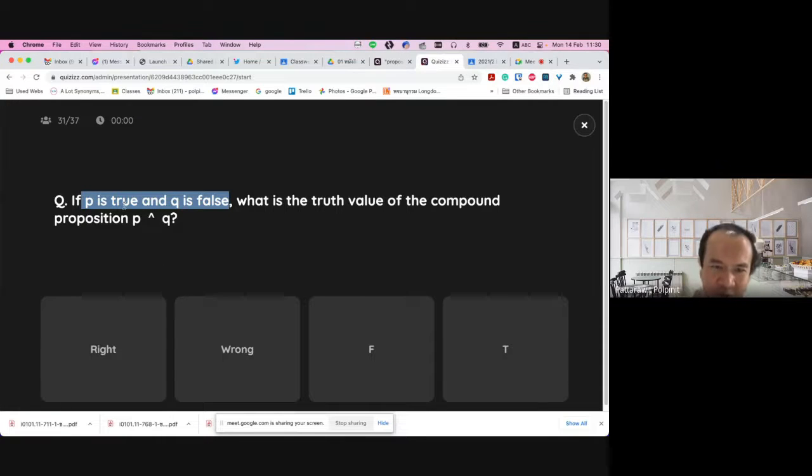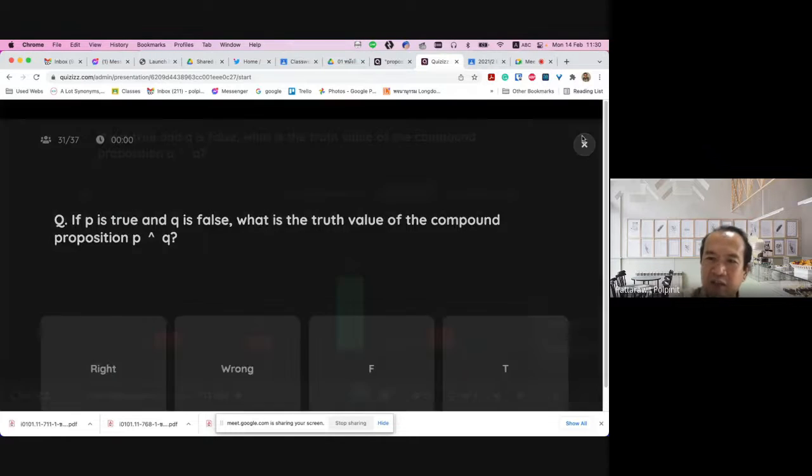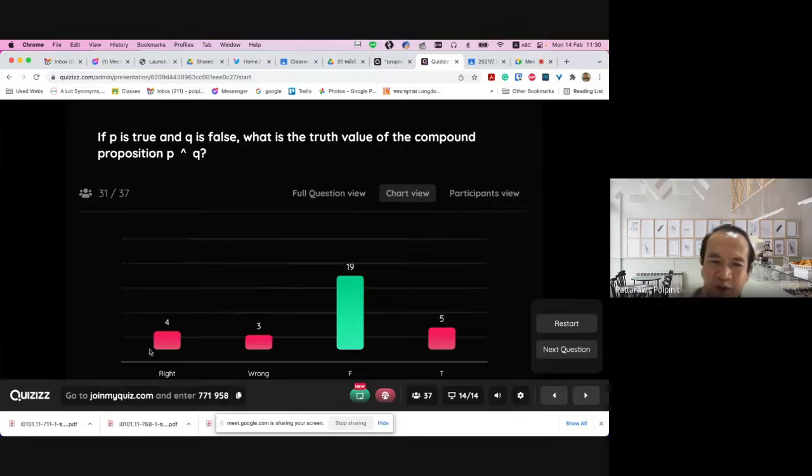So if P is true, Q is false, then P and Q is false, right? So right is not correct, wrong is not correct, true is not correct, so it's false, right? I'm not sure whether you answered right, wrong, or T, maybe you just guessed. Okay, so this one, you should get it correct.